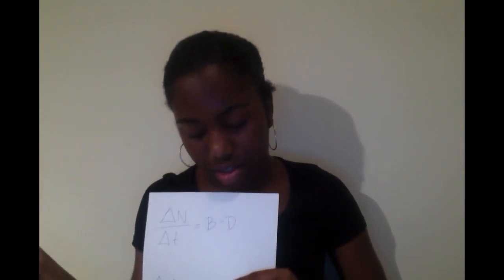So this top one, ΔN over Δt, stands for the change in population size during the time interval. And then B stands for the births during the time interval minus the deaths, D, during the time interval. And the time intervals would be in years or the number of generations.